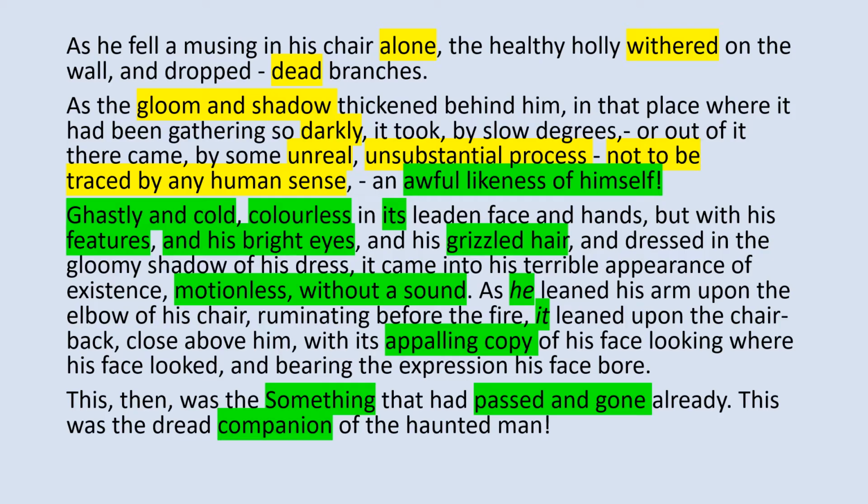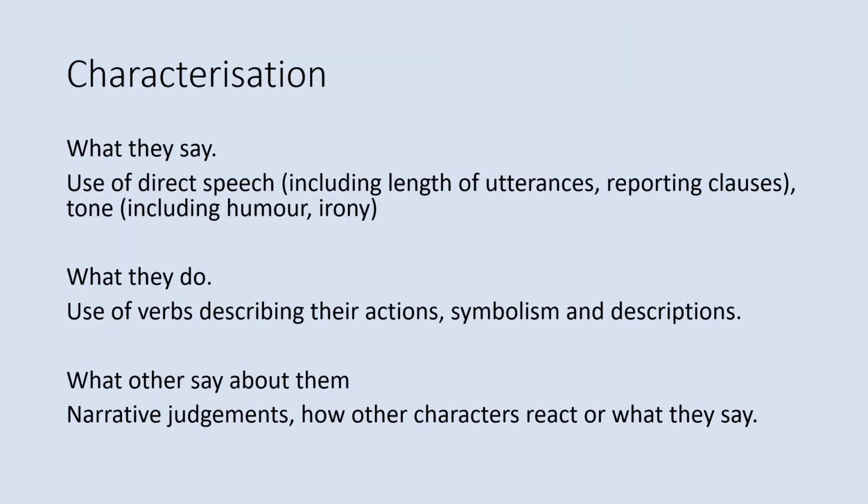The uncanny is continued with the use of pronouns. He sat in his chair, it leaned. Again, the pronouns, an appalling copy, suggesting it's not quite real. The something, again, what is it? We're not sure. Suspense is created.